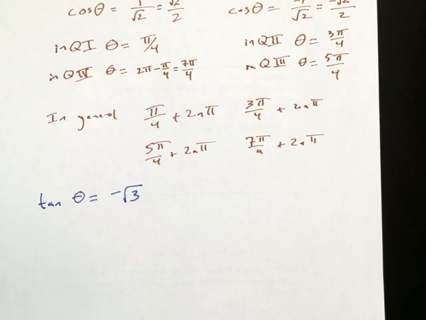Tangent gives me answers in quadrant 1 and 4, cotangent in quadrants 1 and 2. So this answer is in quadrant 4. I can use the negative angle here if I'd like.